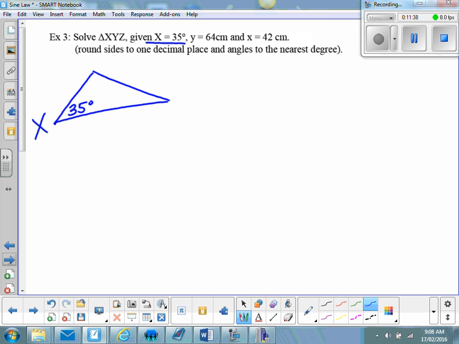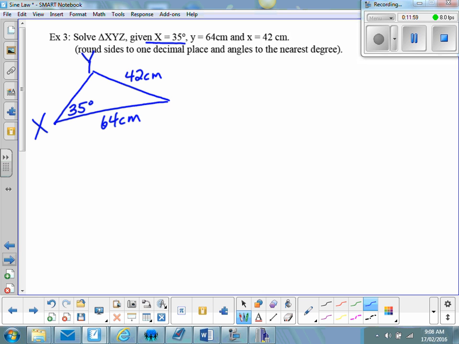Then I have Y, and I have X, the side length. So this is going to be side X over here. So this is 42 centimeters. And then Y has to be longer than that. So I'm going to pick the longer side and make this Y here. So that's going to be 64 centimeters.